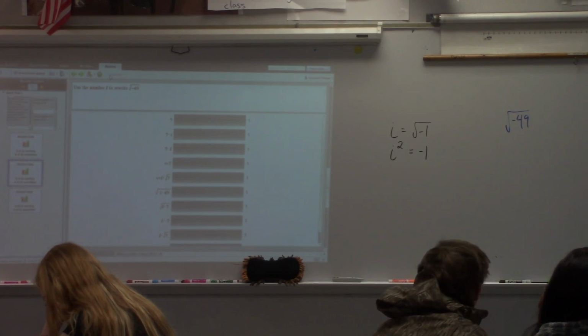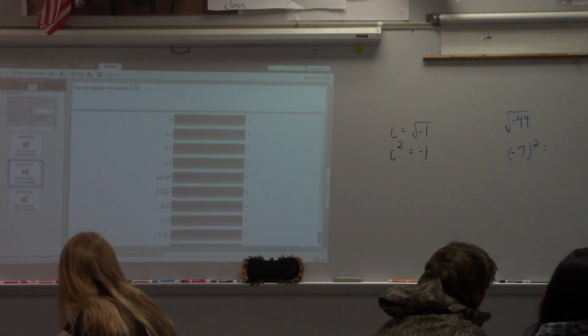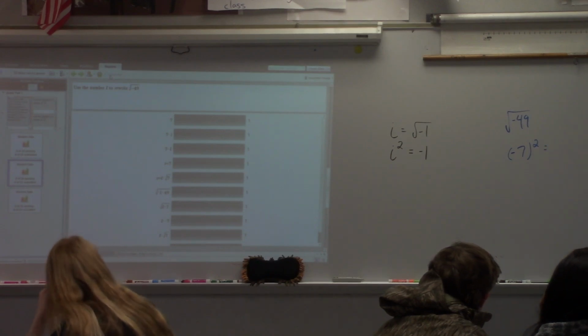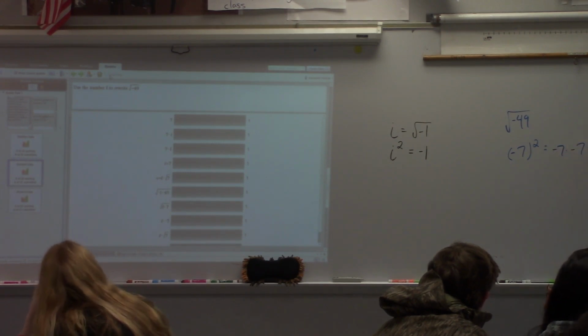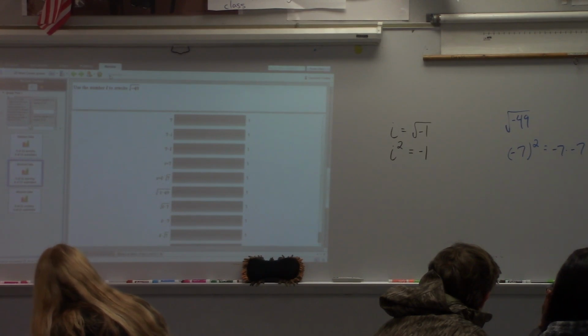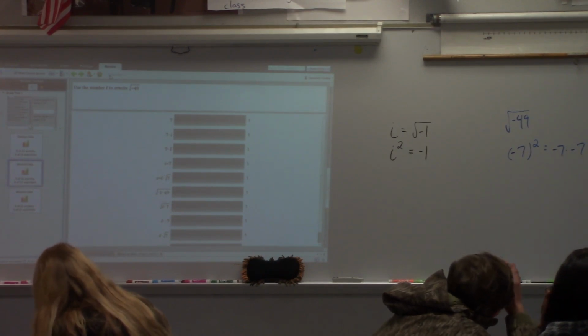Because if I take -7 and square it, what do I get? A positive 49, because that's -7 times -7. So what do you have to square in order to get a negative?